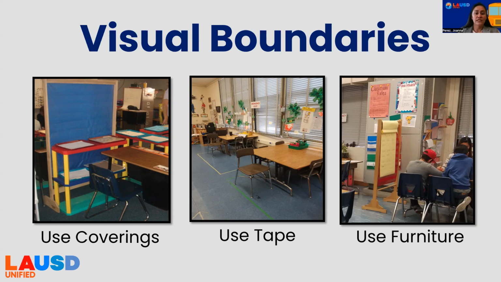Visual distractions can be minimized by using study carrels, or limiting the amount of visual clutter, placing sheets or curtains to cover materials, or by using natural lighting and window coverings. As for auditory distractions, these can be minimized by using carpeting or headphones.